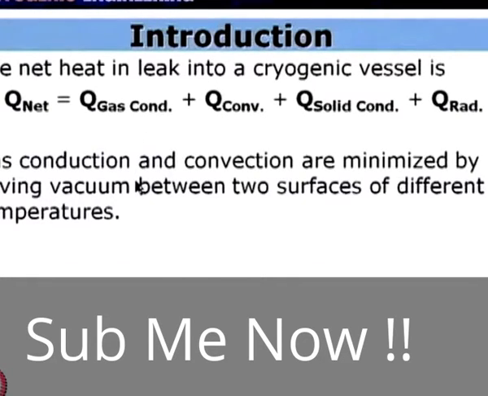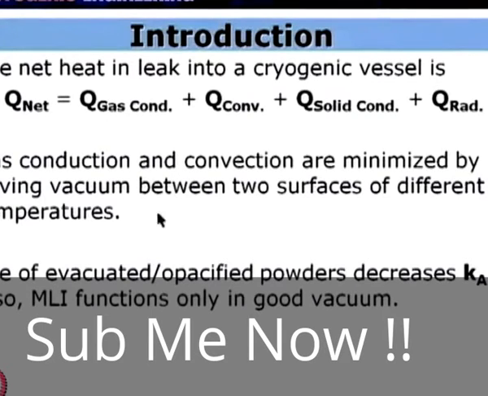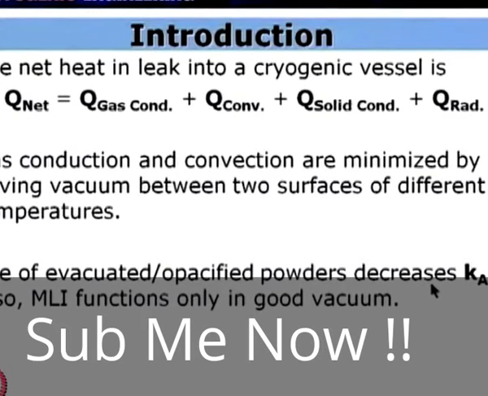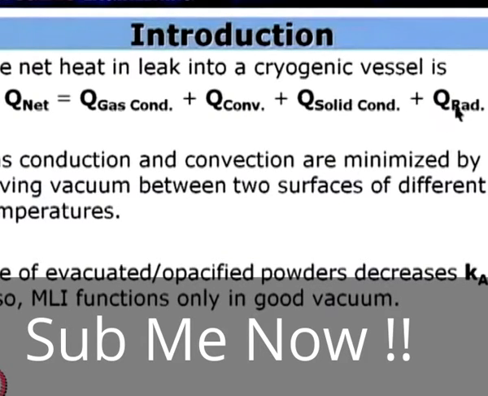Second thing, we also know that use of evacuated or opacified powder, which basically uses vacuum over there, will decrease Ka, the apparent thermal conductivity. And we also know that multilayer insulation takes care of solid conduction as well as Q radiation.